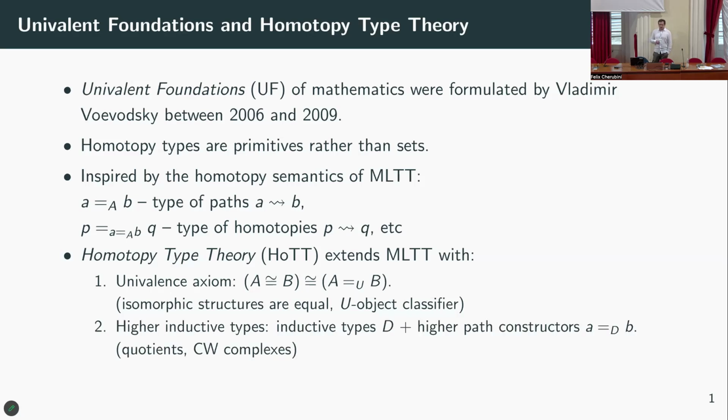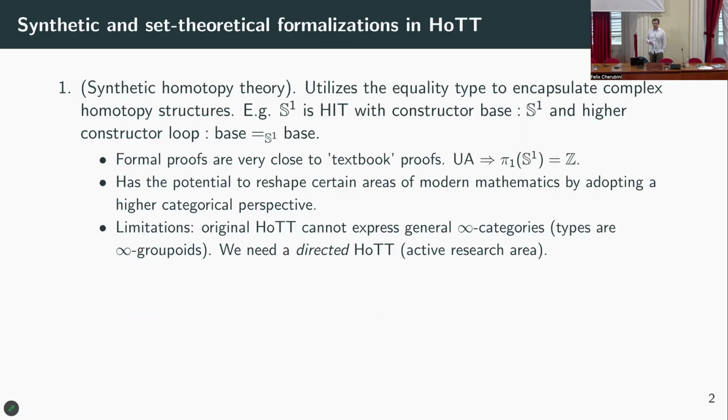And then there are higher inductive types, which are inductive types with normal constructors plus higher path constructors, which introduce some equalities. Set-theoretically, you may think of them as quotients, or topologically as suitable complexes.